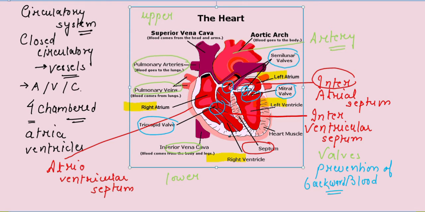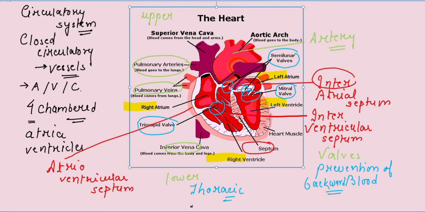The heart is the size of a clenched fist, present in a cavity called the thoracic cavity, and has the function of pumping out blood. It is bounded by a membrane called the pericardium, a double membranous structure.